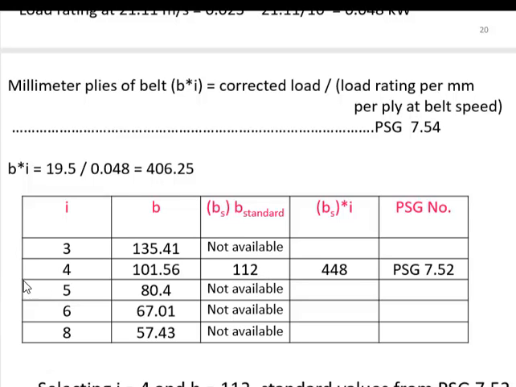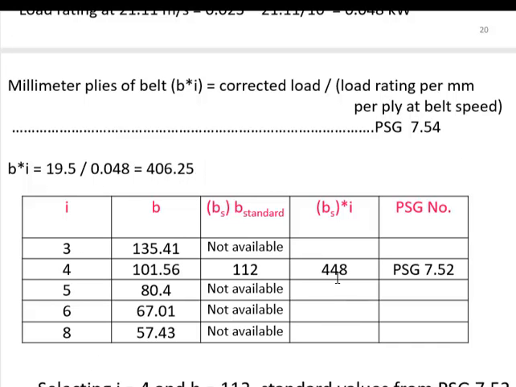Now when you multiply 4 with 112, you get 448. 448 is a bigger number with respect to 406.25, but 448 also indicates it is much safer than the 406.25 value.